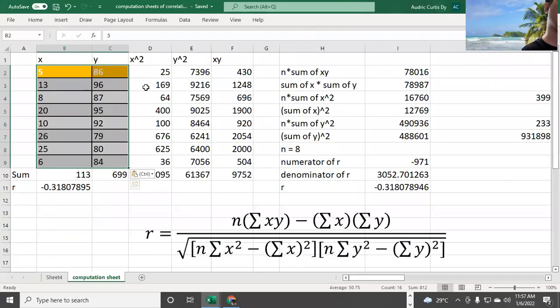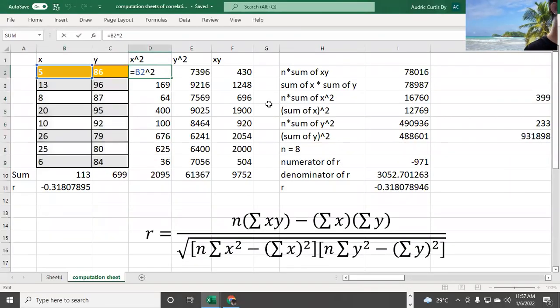So let's review. In order to get the x squared, b squared, then hat 2. Then here naman is C2 hat 2, dahil 86 lies in C2. While here naman, we multiplied 5 with 86, which turned out to be 430. And so on and so forth.